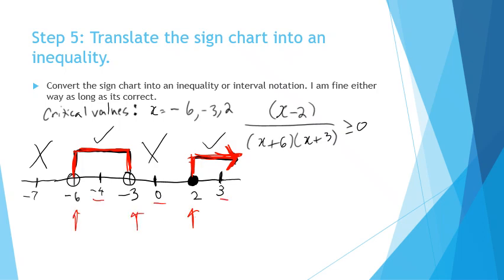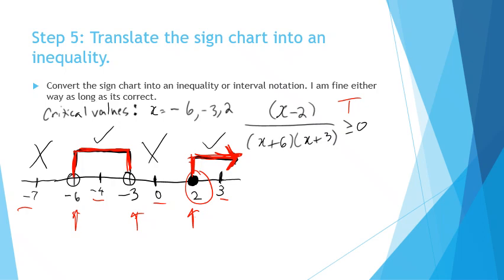These are just testing points, so don't get confused. But what this means is any number in between -6 and -3 is going to make this inequality true. And any number greater than 2 or including 2, because this is a closed circle, will make this inequality true as well.